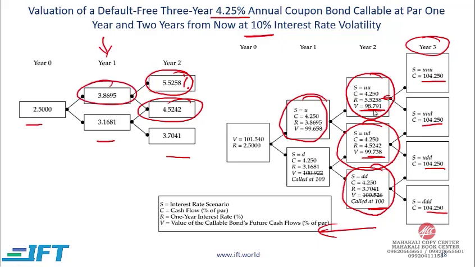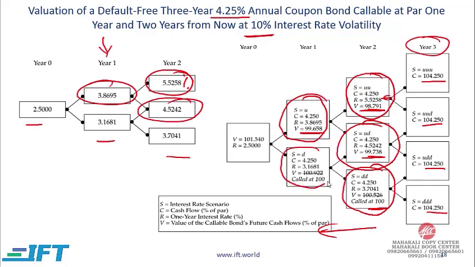So we discount back 98.791 plus the coupon of 4.2. We also discount 99.738 plus 4.25 and find the average. And that gives us 99.658.